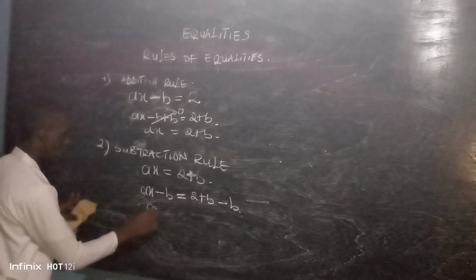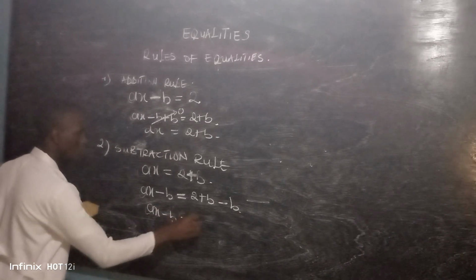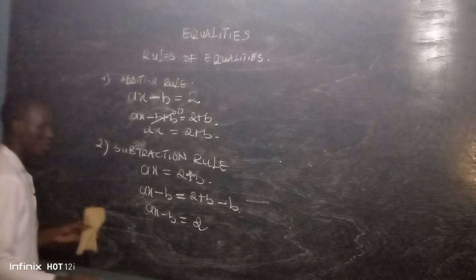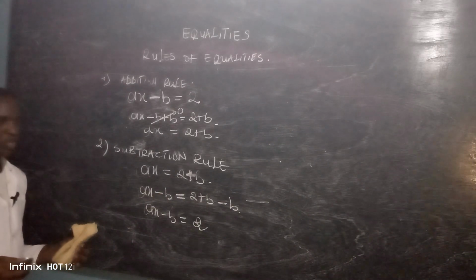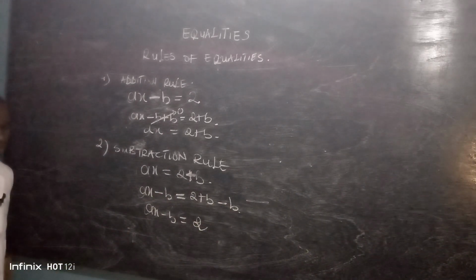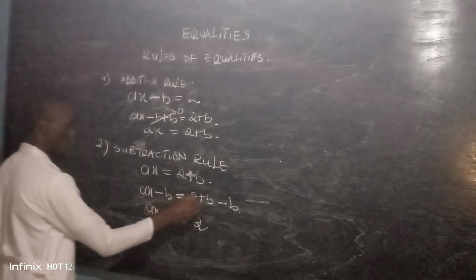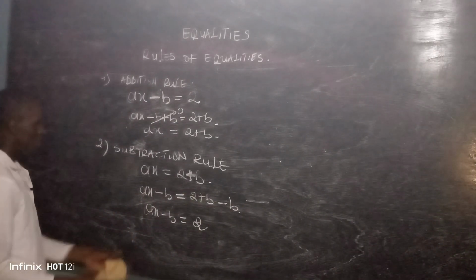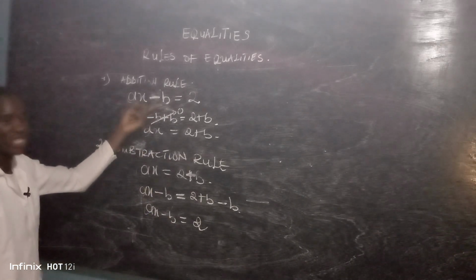I've just subtracted b from both sides of the equation. So I have ax minus b is equals to what? 2, because b minus b is 0. If you have two things and you owe two things, at the end you have nothing. That's why 2 plus 0 is 2. So that is how it works. You see that we have returned back to the original equation.